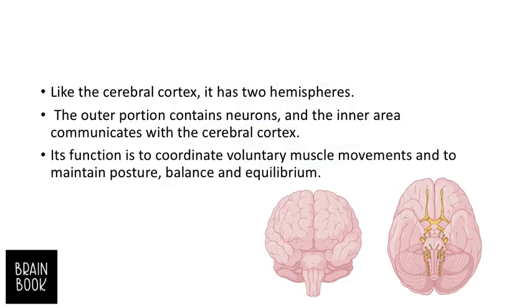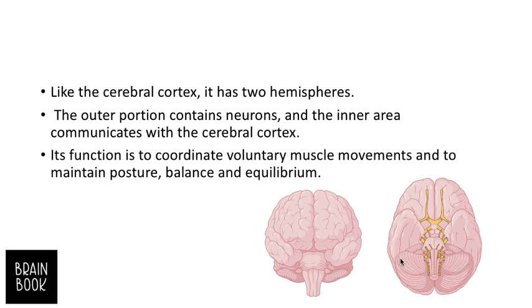As you can see here, the cerebellum has two different hemispheres that are visible from this side and this side, and look like the cerebral cortex. It has a left hemisphere and right hemisphere.